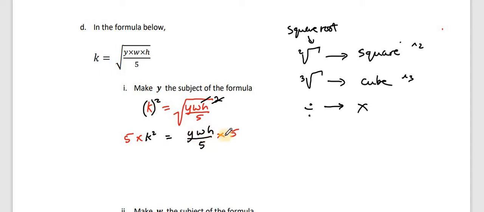So the reverse of it is to multiply by 5. This is in the numerator. A whole number is in the numerator if you put it over 1. So 5 cancels out 5. And 5 times k squared is 5k squared. And this leaves me with y times w times h.